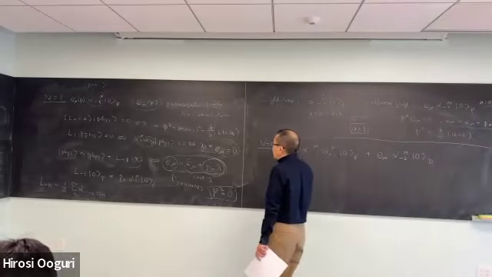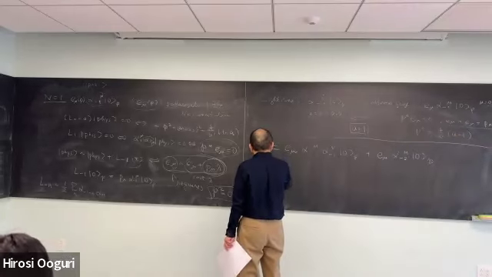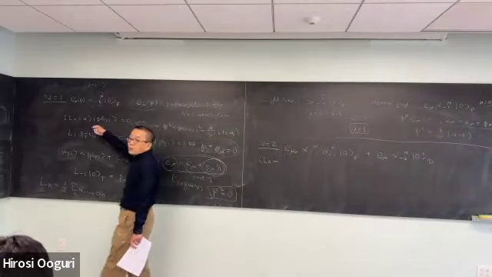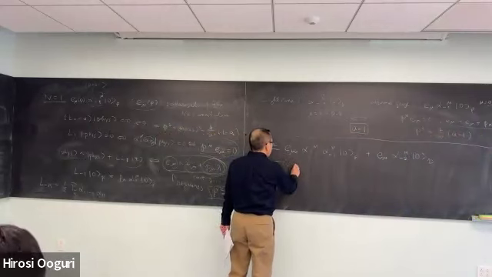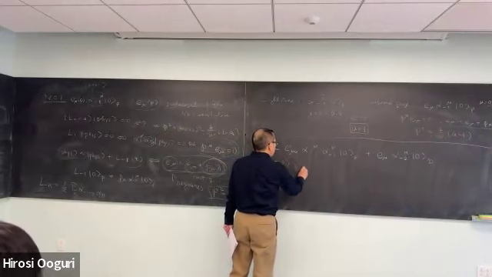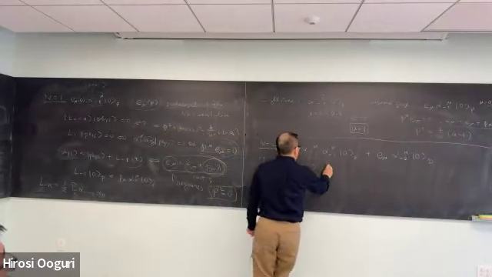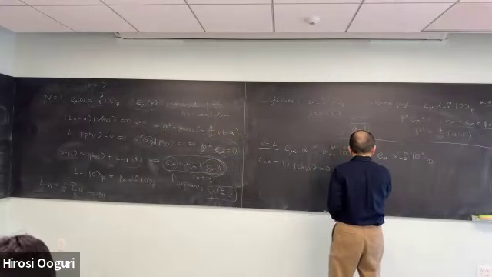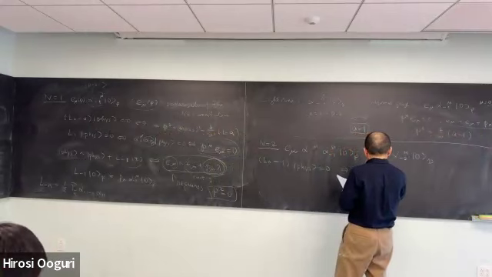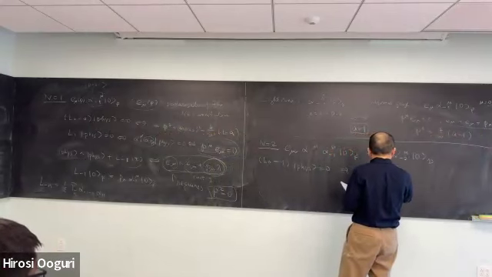Now, we also need to impose a condition that L0 minus 1, now we know N equals 1, so I write L0 minus 1 on the physical state to be equal to 0. And that requires a condition that P squared is equal to plus 4 over alpha prime.